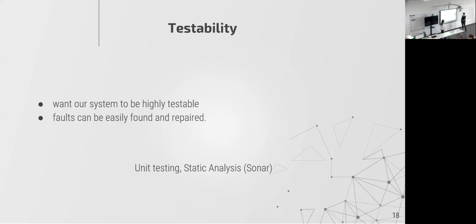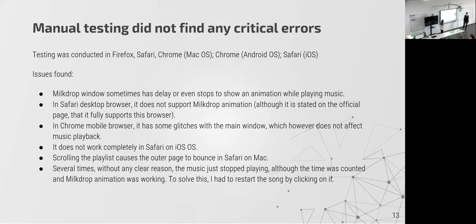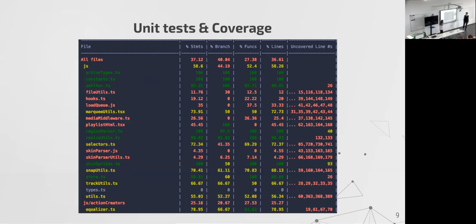And for testability, probably Nastya will explain that. For unit tests, we used coverage, as we showed you on those slides. Here you can see the statement coverage, branch coverage, function coverage, and lines coverage.